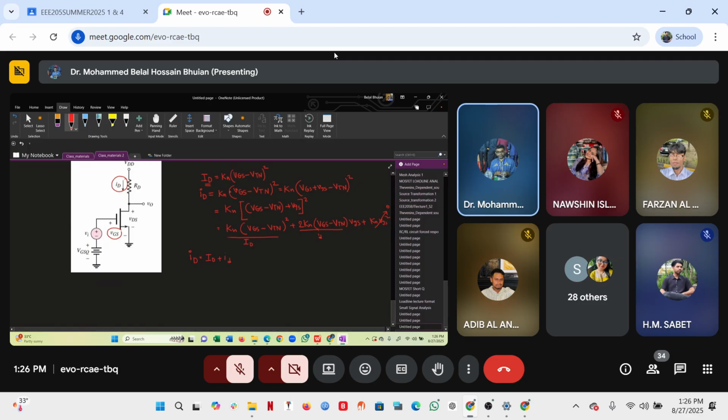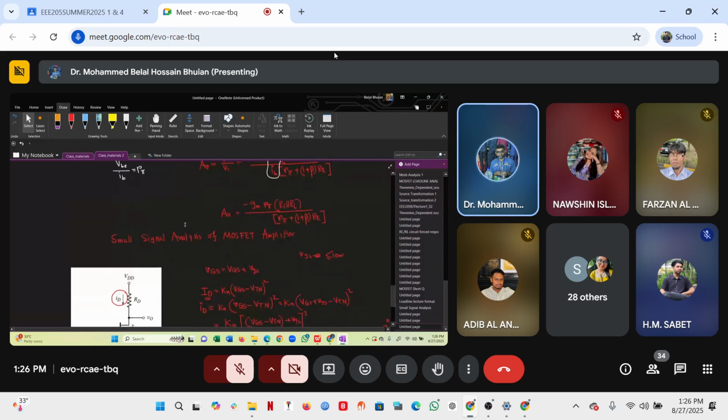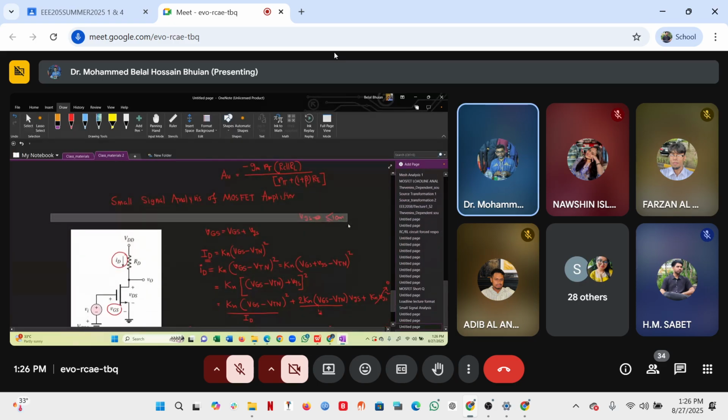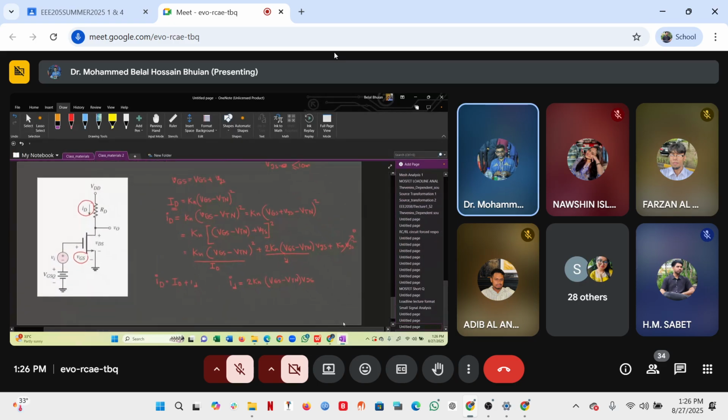So I can write the small signal id as 2Kn (VGS minus VTN) times vgs.